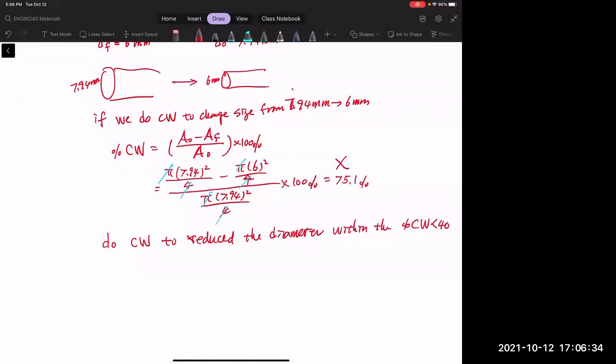You don't want the cold work to be greater than 40. So you shrink the size once, and it's not going to the 6 millimeter yet, because if you shrink it too much, it will be over 40%. And then what? Then you do the annealing, the heat treatment.